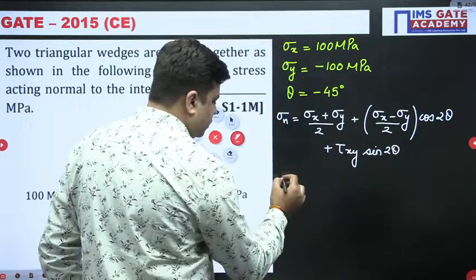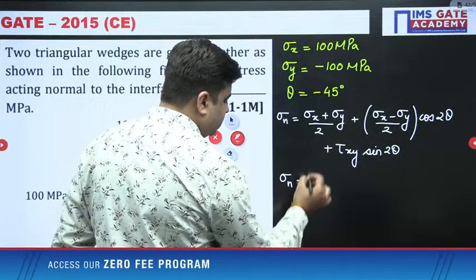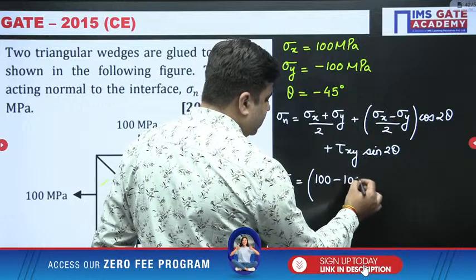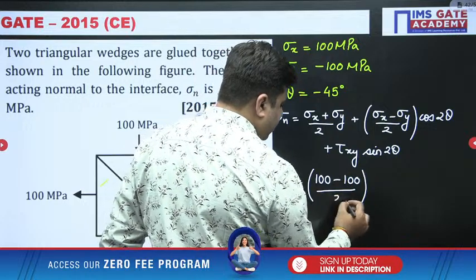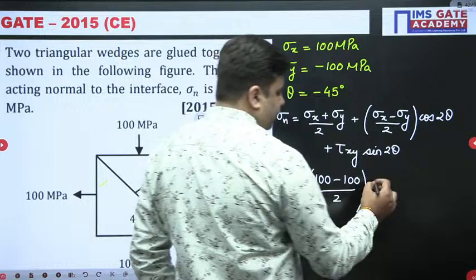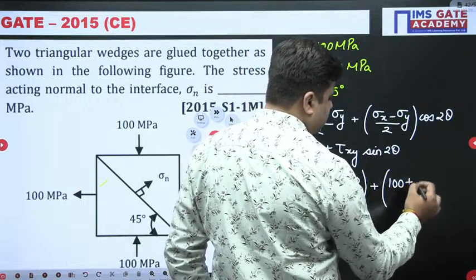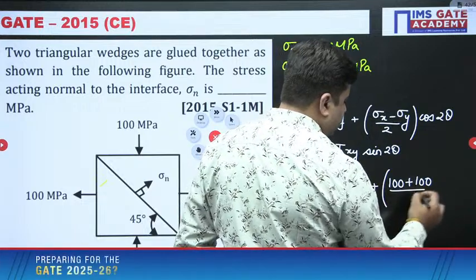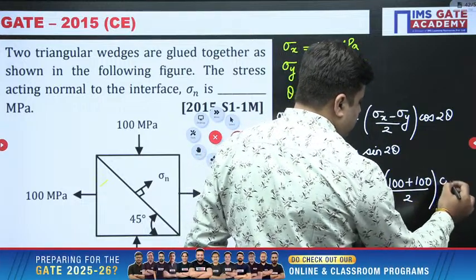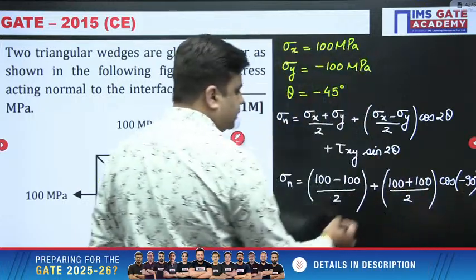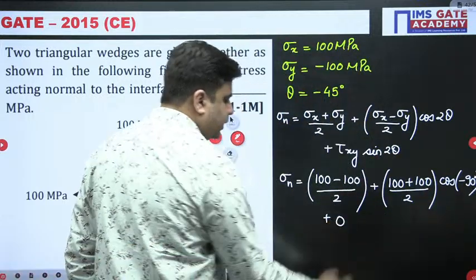Substitute all the values. Normal stress on the oblique plane is, sigma x is 100, sigma y is minus 100, whole divided by 2, then you have 100 plus 100 into cos of minus 90 degrees, and tau xy is not given, so tau xy is 0.